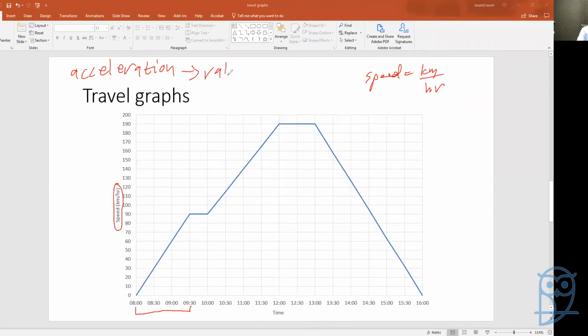Acceleration is the rate of change of speed. So you're traveling in a car at 50 k's an hour, you put your foot down on the accelerator and your speed increases, you are accelerating. Suddenly, some fool decides to jump out in front of your car, you slam on brakes and your car slows down. That is deceleration.